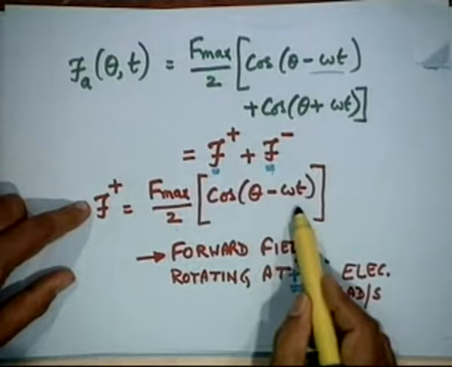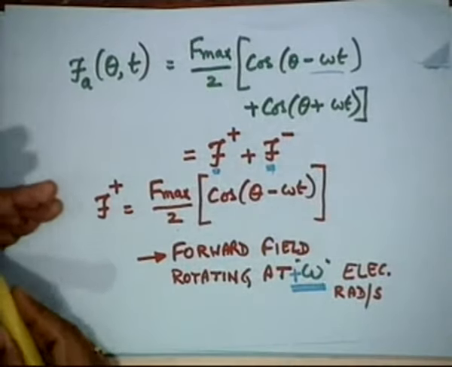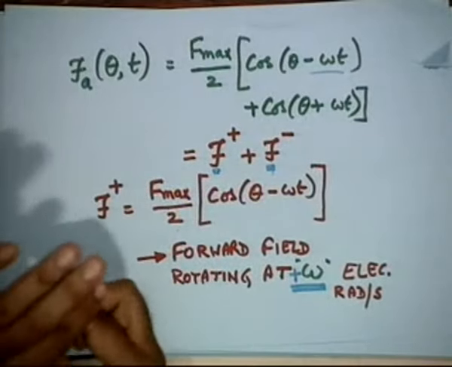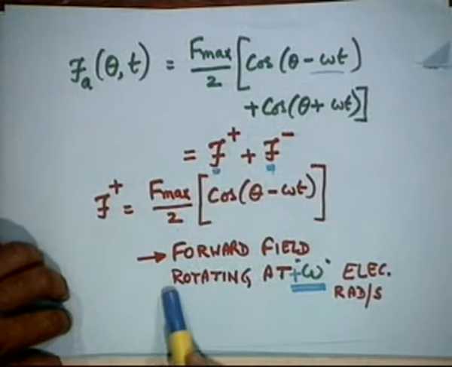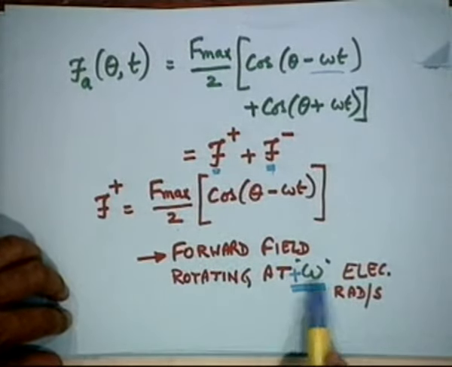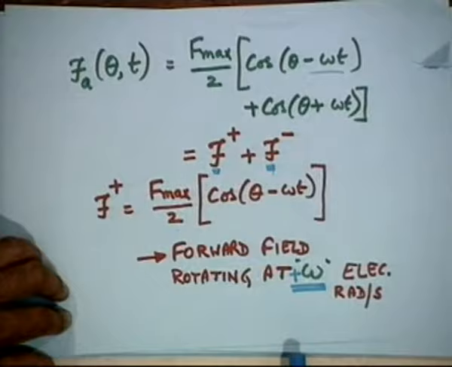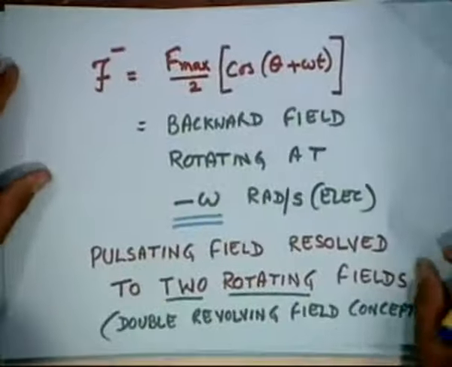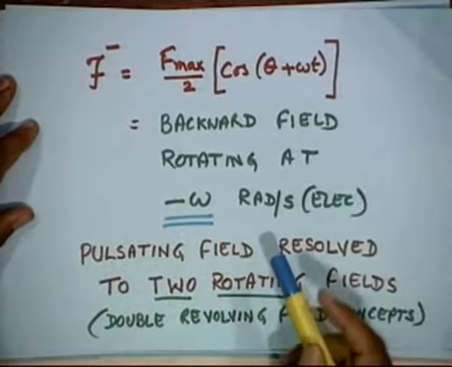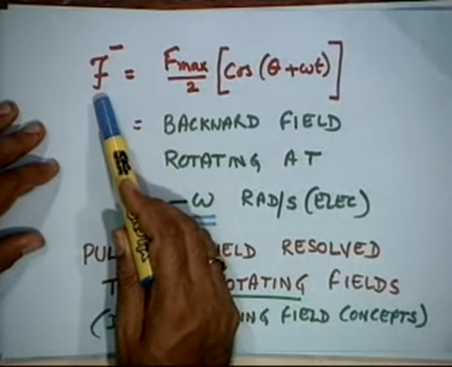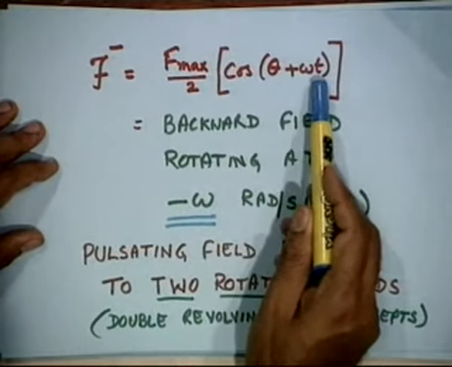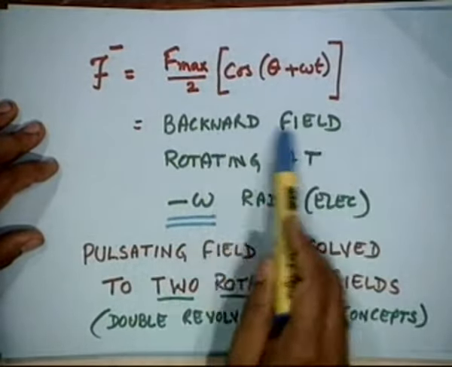It represents a forward rotating field, as if you are spinning a magnet, rotating the magnet at omega electrical radians per second, okay. Similarly we have the other field f minus, which is F max by 2 cos theta plus omega t, which is a backward field rotating at minus omega electrical radians per second, okay.